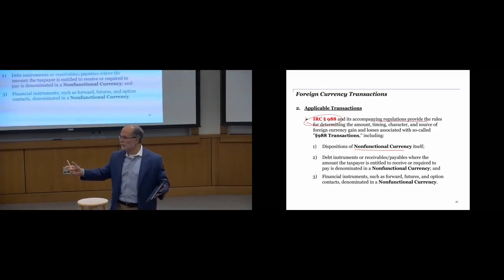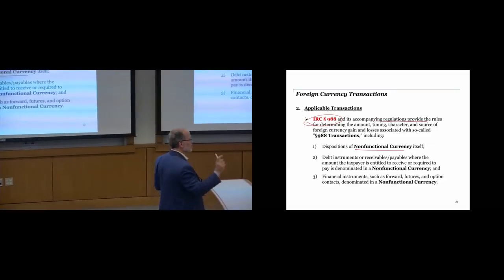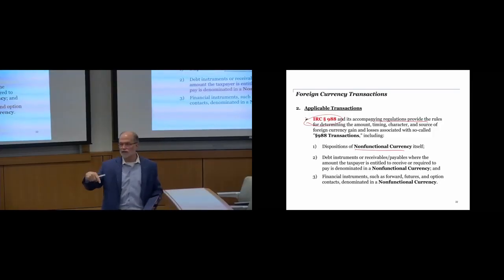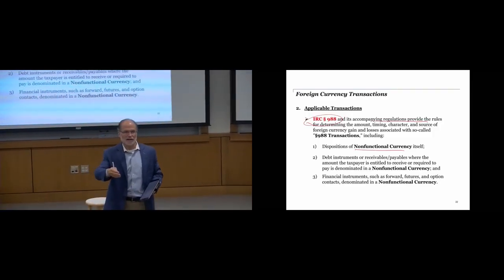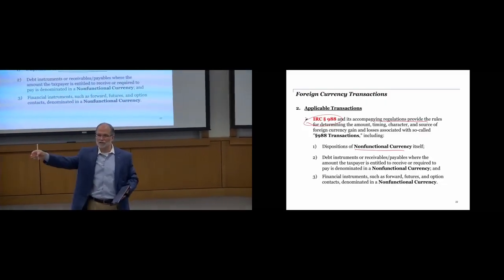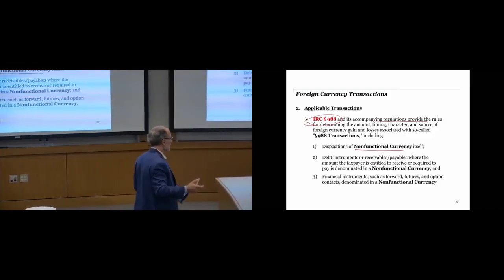No different than any other type of property that I have, right? Just because it's a currency, it's not U.S. dollars. So I'm going to have a basis in that non-functional currency, and then I will have a disposition of that non-functional currency, and those amounts will differ because exchange rates jump around all the time, right?